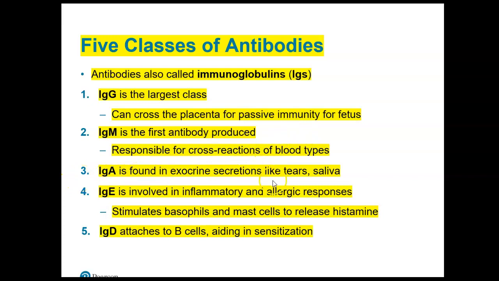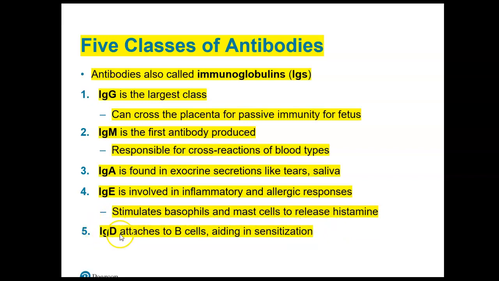IgA is found in secretions like tears and saliva, exocrine secretions. There is a question that asks this, and you have to know it's not endocrine secretions. It's exocrine secretions like tears and saliva. IgE is involved in the inflammatory response and allergies. IgE also stimulates basophils and mast cells to release histamine, and that, of course, is going to trigger the inflammatory response.